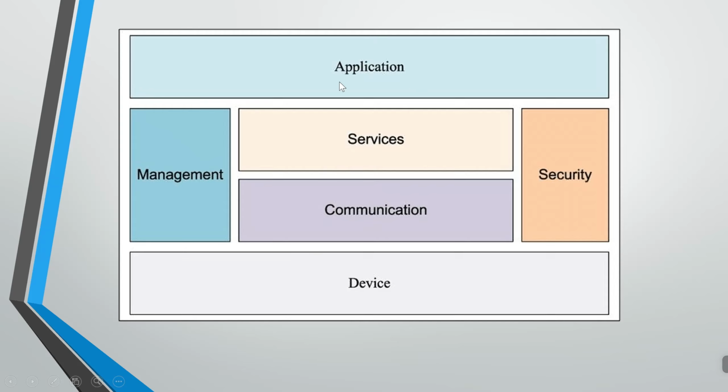Ultimately, an application program is associated with these devices, so the user is connected to these devices by means of the application. The application layer is at the higher end, below which you have management activity to manage the activities, and security to provide the various security systems as we discussed. We have different activities like services and communication channels for communication. Ultimately, this is the diagrammatic representation of what we have discussed so far.